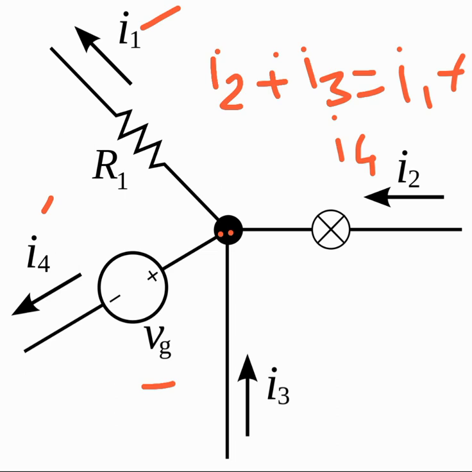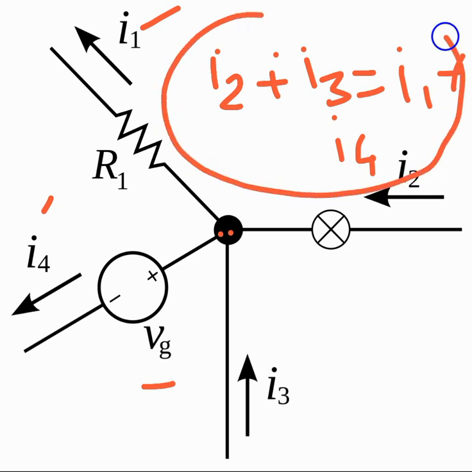In other words, in a network or a circuit as shown, the algebraic sum of all the currents is equal to 0. That is the second statement. Focus on this equation: I2 plus I3 equals I1 plus I4, and the statement I made is that in a network or a circuit of conductors, the algebraic sum of all the currents is equal to 0.